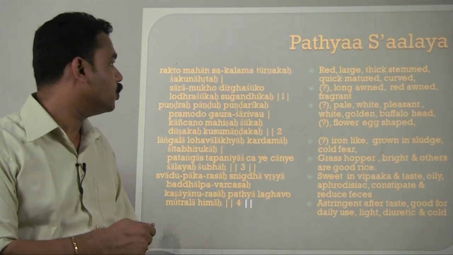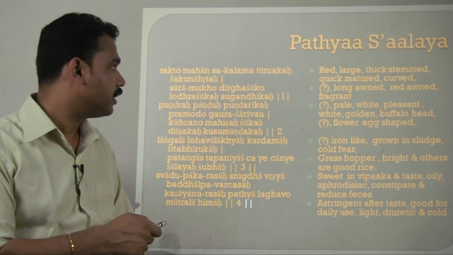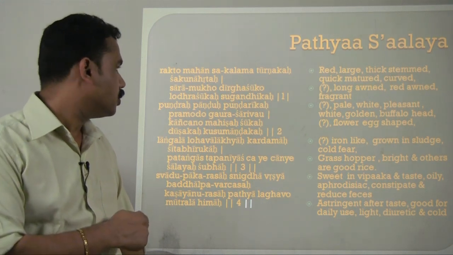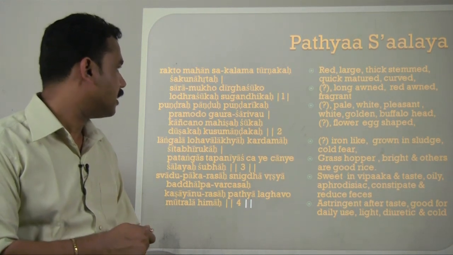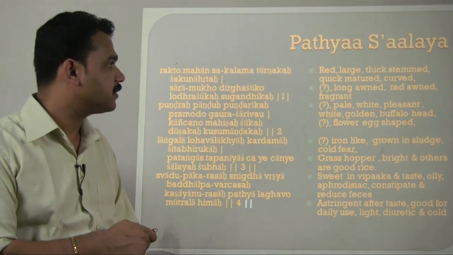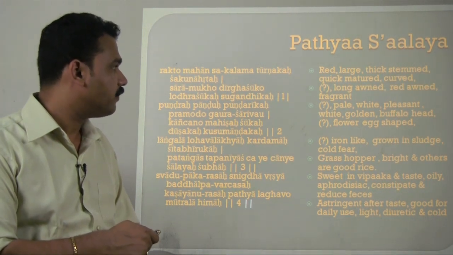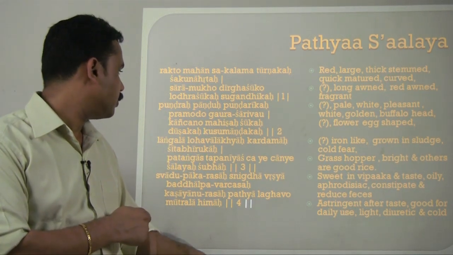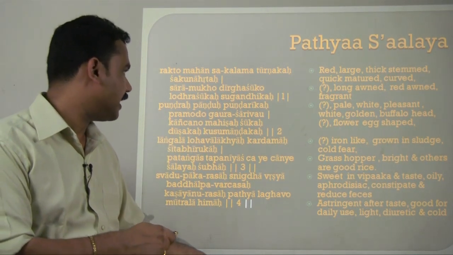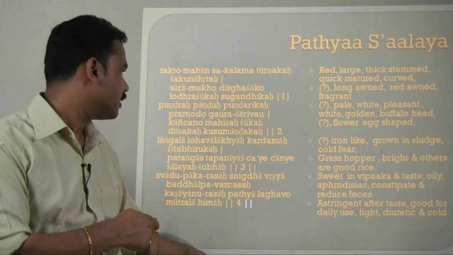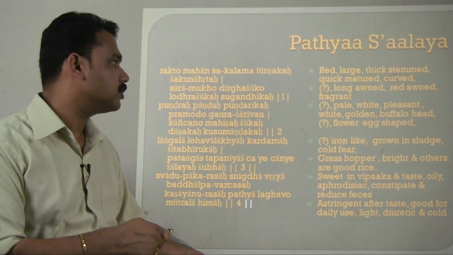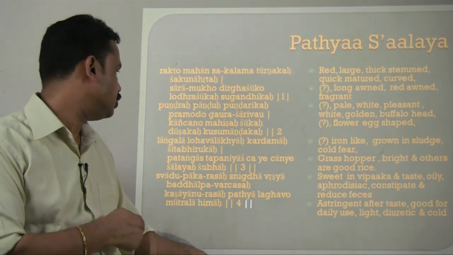And mahishashuka, buffalo headed, speaks about the shape of the grain. And dushaka we don't know. Kusumandaga: kusuma means flower, anda means egg, so flower egg shaped, the shape. Langala we don't know. Lohavala means iron like, it speaks about the color. Kardama means sludge, which grows specifically in a very sludgy region.